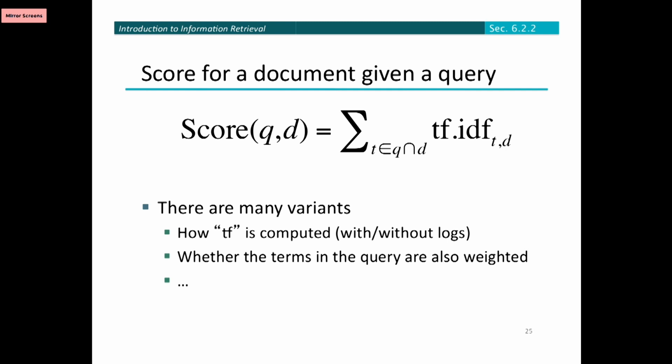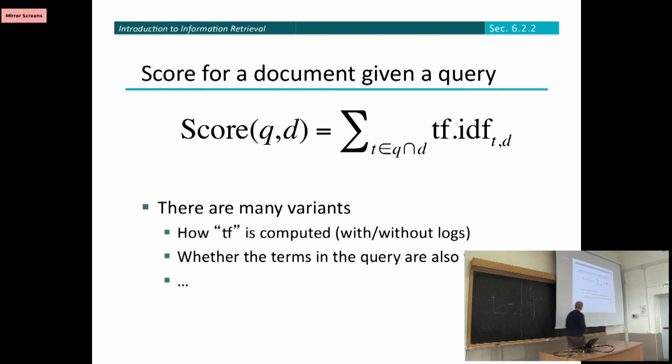And then finally, this was the formula used to score a document with respect to a query. Just the sum for all terms appearing in the query of the weights of those terms in the document. That's it. And this essentially is what you're interested in.